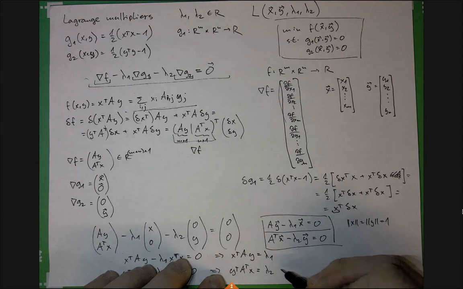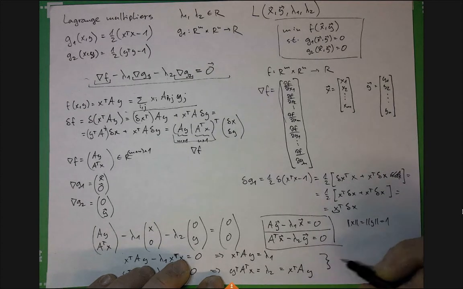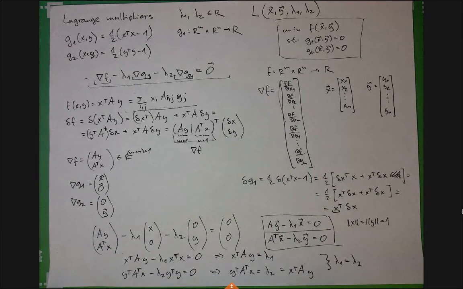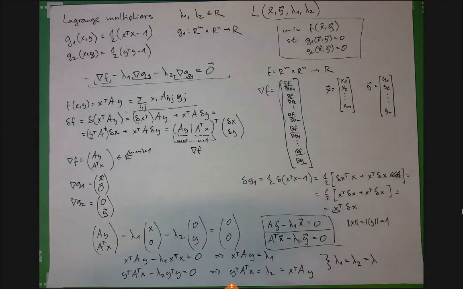So this is the same thing as x^T Ay. That's the same thing as here, right? So from this we can conclude that lambda 1 has to be the same as lambda 2. So I can as well drop the subscript 1 and 2 and just call it lambda. Why not?